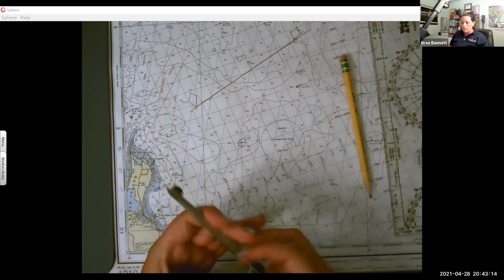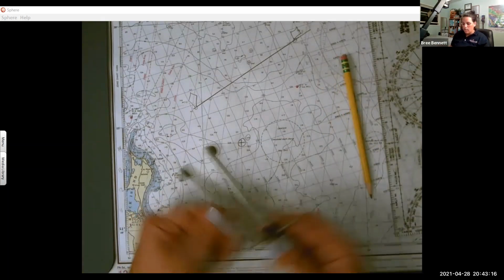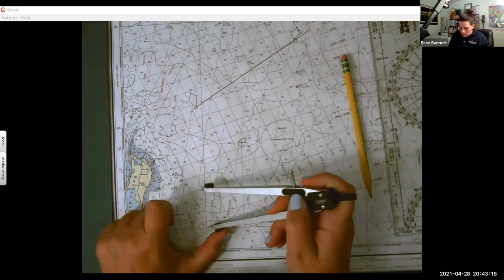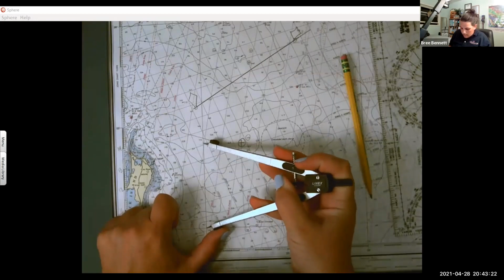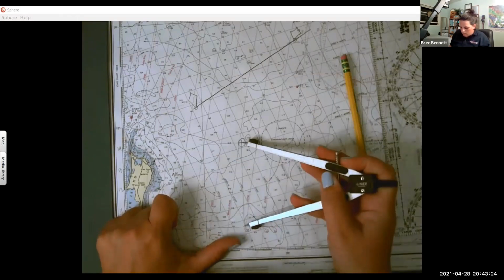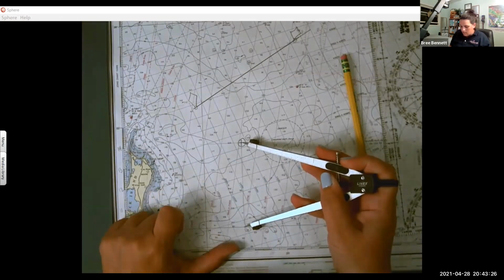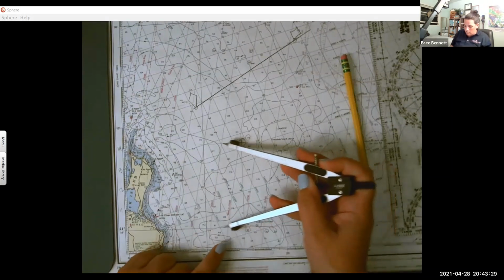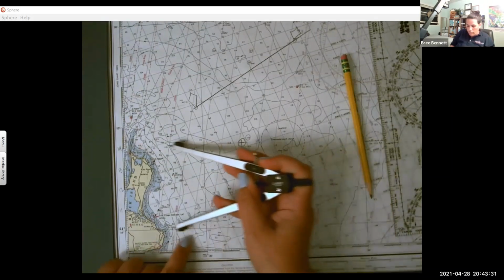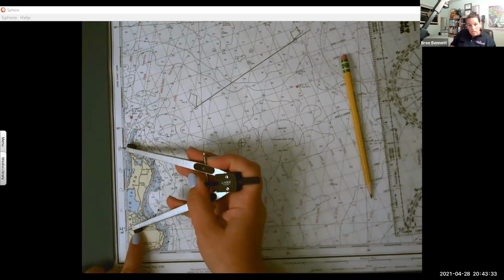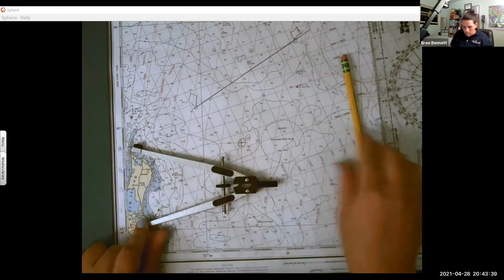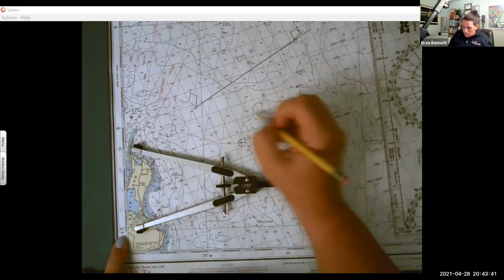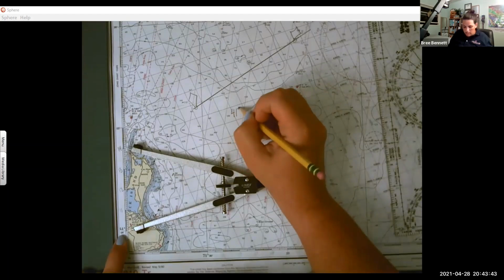And then if I want to measure my latitude, I can measure using my dividers here. So this distance is the same all the way over to the edge. So I am pretty much exactly on 41 degrees.